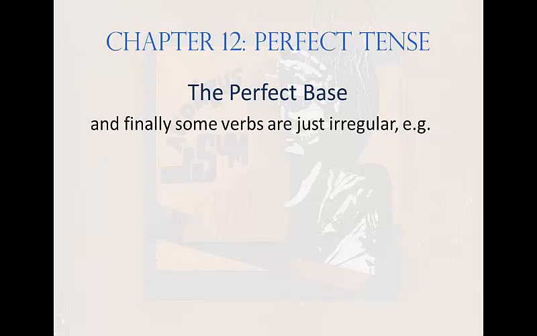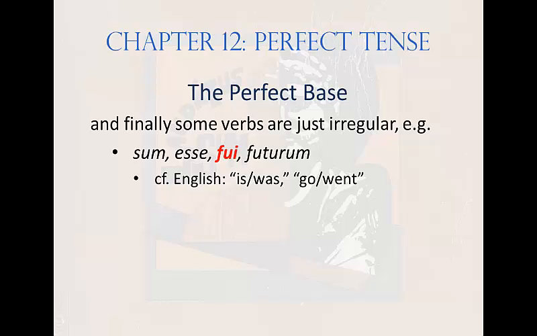Finally, to end this survey of perfect base formation, some verbs are just irregular, and you'll have to memorize them. Sum, esse, fui, futurum. Fui? Fui is right. But before we start throwing stones at Latin, let's make sure we don't have a few glass verb forms at home, like, is, was, go, went?